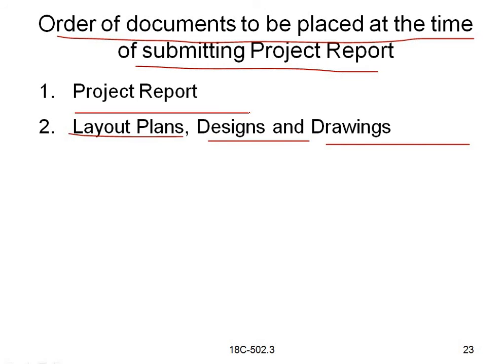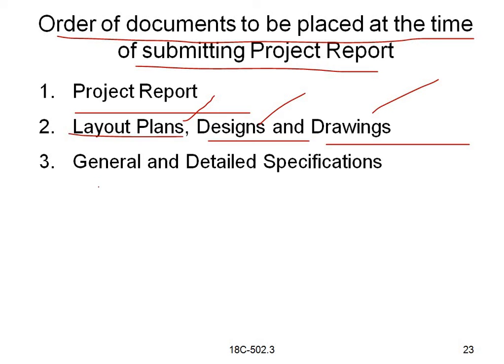This is very important after the project report. The layout of the plans means either a house plan or any building plan. We have to prepare the site layout, and next design the columns, beams, slabs and footings, and further drawings should be done. With the help of drawings only, the site construction work will be done.